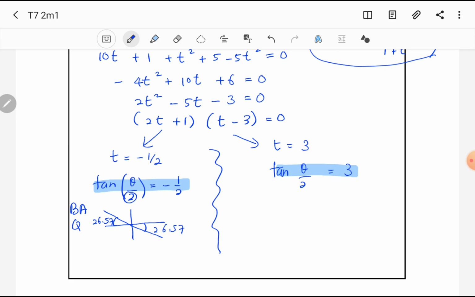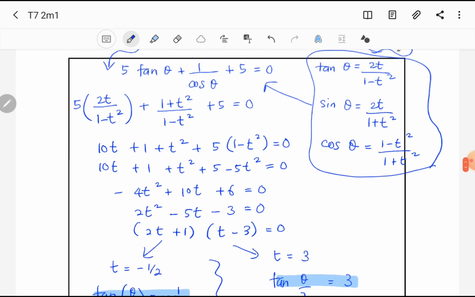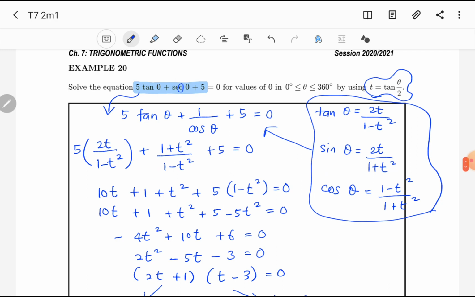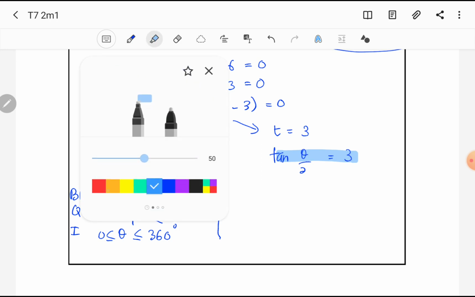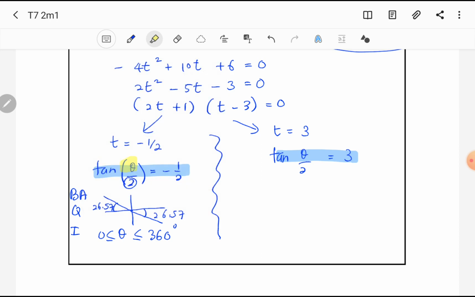Next, interval. Given, tengok theta semula, theta between 0 until 360 degrees. Soalan kita, apa theta ke ataupun apa? Tengok kat sini, kita ada theta over 2.